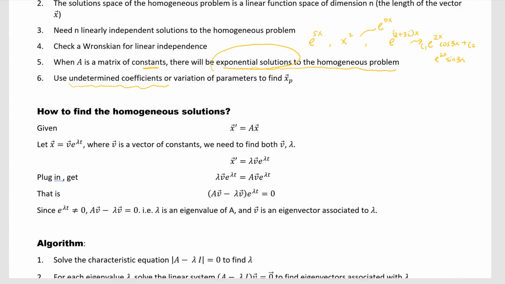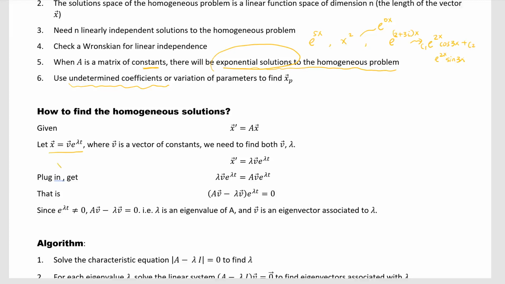So let our solution be v times e to the lambda t, where v is a vector of constants, and we need to find both v and lambda. So let's plug x in. x is v e to the lambda t, right? So what's x prime?